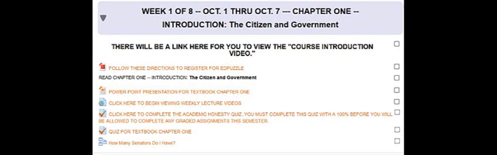If you click on that block that says week 1 of 8, then you'll see all of the assignments, all of the activities that need to be done for this week. You'll see a list of things like read chapter 1 and then the title of the chapter.